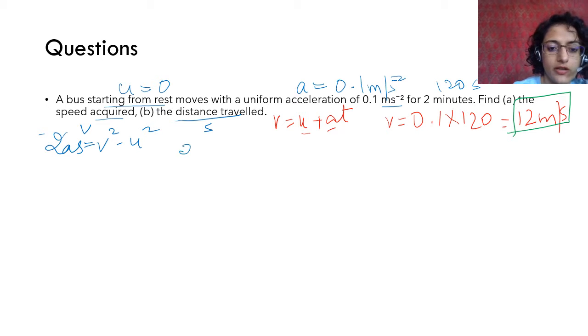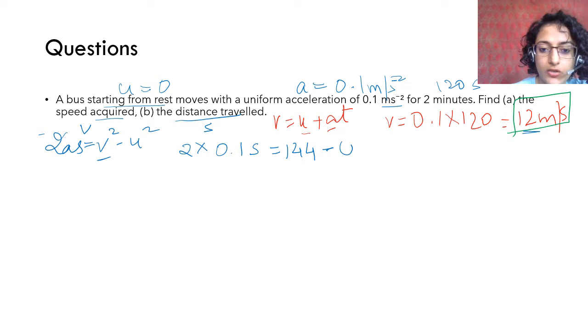2 into a is 0.1, s we have to find, is equal to v square is 12 square, 144, minus, since u is 0, we will write 0. So 0.2s is equal to 144.